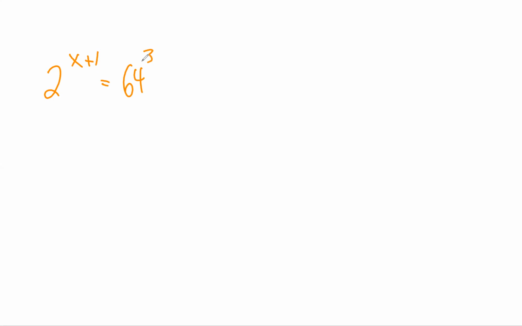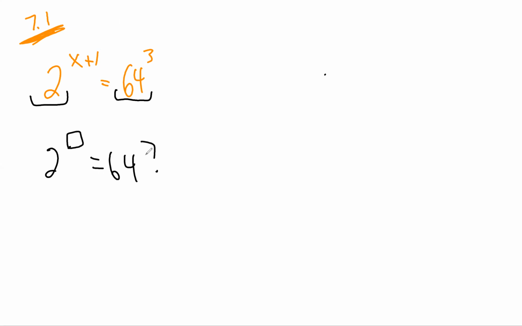Now, because she asked me to go to 7.1, this is before we knew about the ln. So let's not think about ln right now. This is when we took our bases and we try to make them equal. This is a base 2. I can't change a base 2, but this is a base 64. Is there any possible way that I could write 2 to the something and that gives me 64? That's what I need to ask myself. Is that possible?